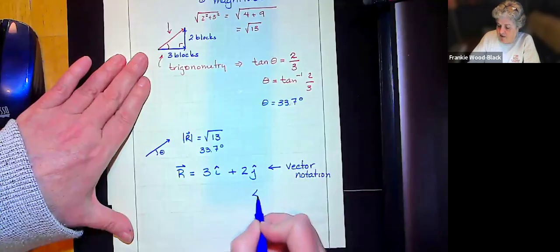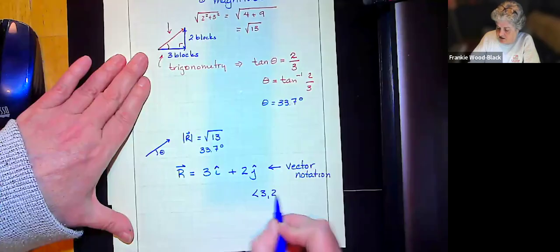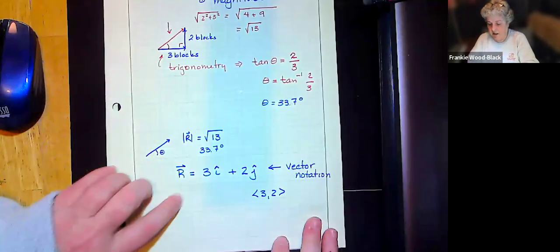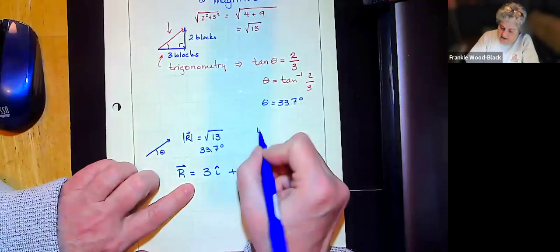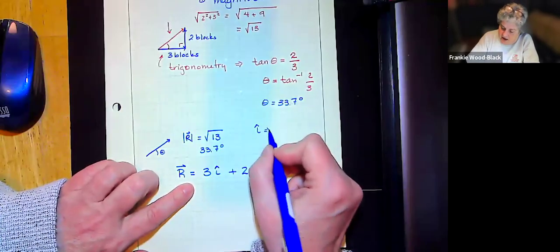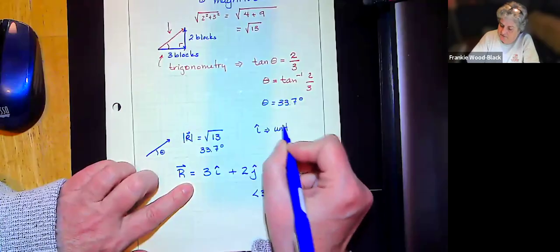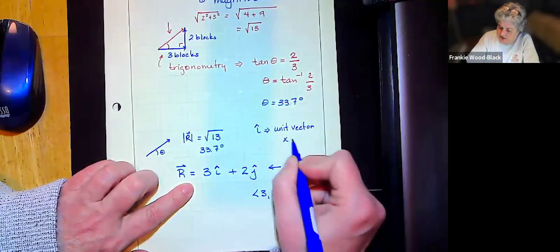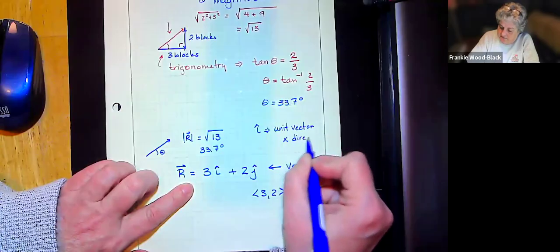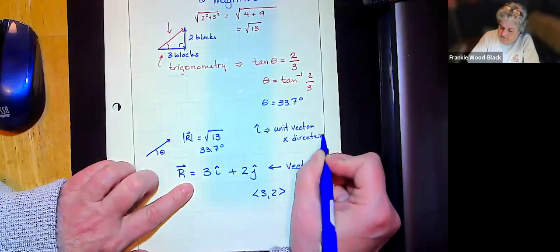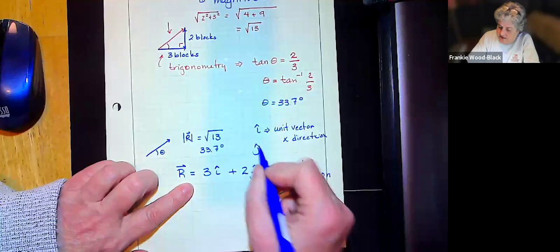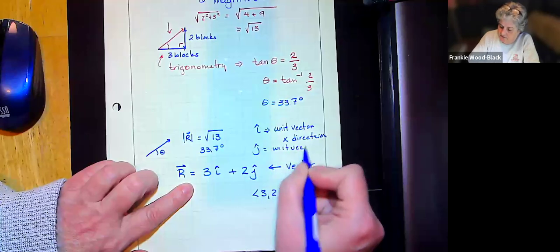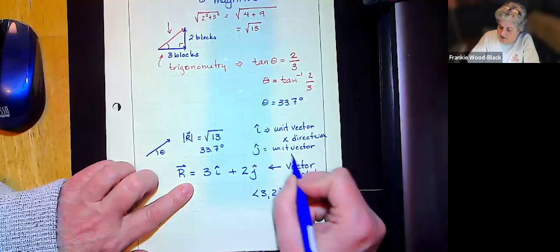Now, some of you may have seen it like this. This is also a vector notation. But i is considered a unit vector in the x direction. And j is a unit vector in the y direction.